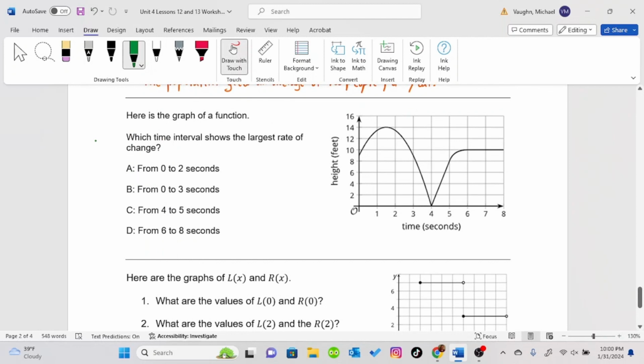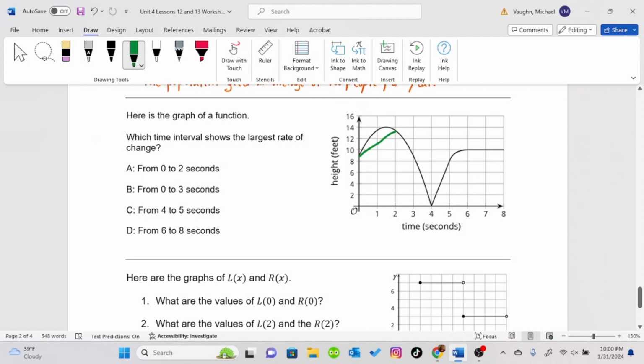Here is the graph of a function. Which time interval shows the largest rate of change? From 0 to 2 seconds, which goes from 9 feet to 13 feet in 2 seconds.